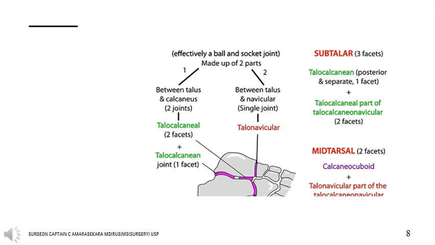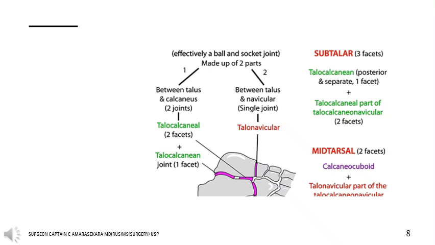Next we'll go to the midtarsal joint. The midtarsal joint includes the calcaneocuboid joint you can see here, and the talonavicular part of the talocalcaneonavicular joint.